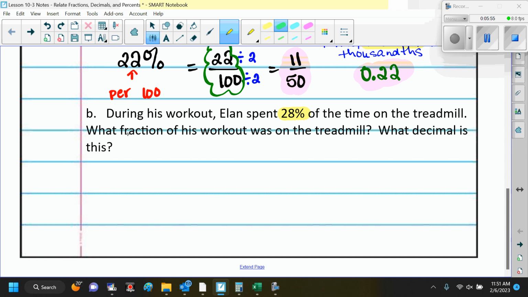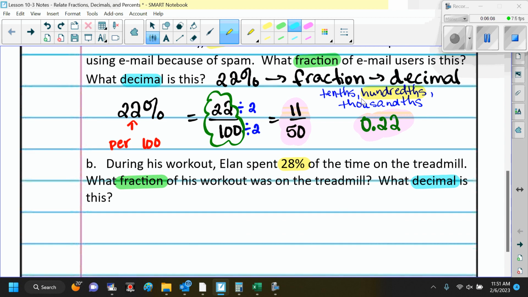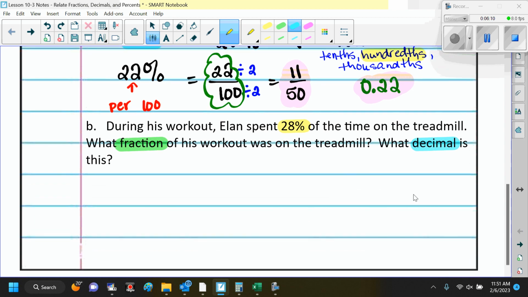We want to write that as a fraction, and we want to write that as a decimal. Okay, remember how I showed you how to write your important information like that up there. Okay, tells you what you're changing to. So we're going to start with 28%.